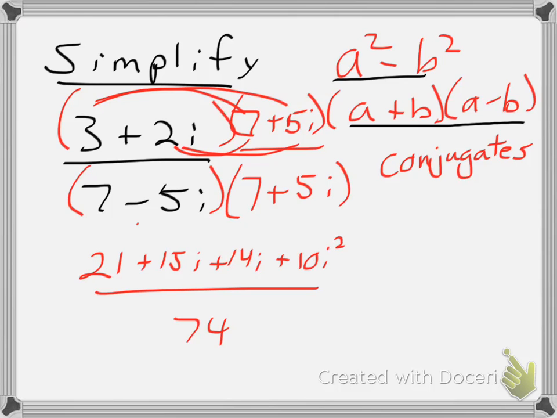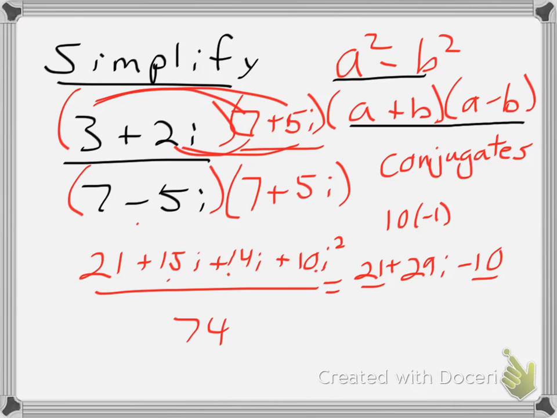From here I want to simplify. 15i and 14i give me a 29i. Of course, I have 21. Now i squared is negative 1, so now I have 10 times negative 1, or minus 10.